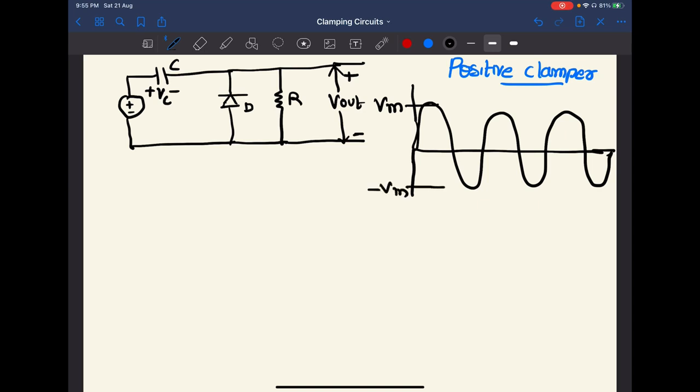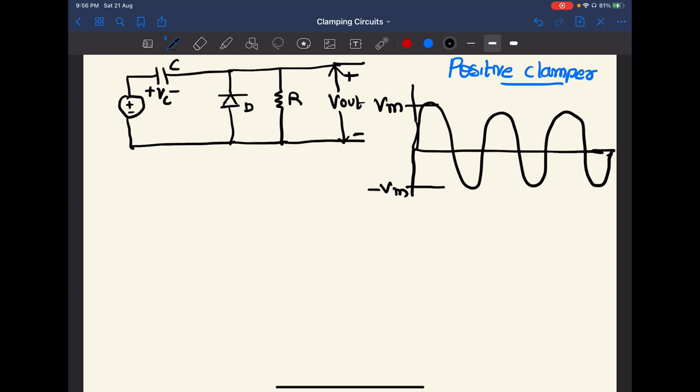Okay. And in the circuit there is no battery. We are keeping that for reference. So it is known as without biasing. And it is a positive clamper, so the output waveform should be shifted upwards. Okay.